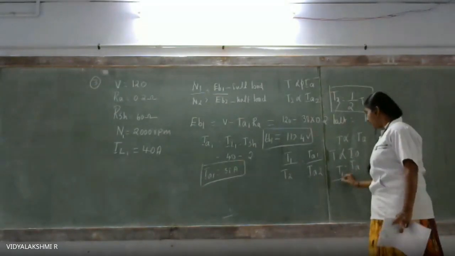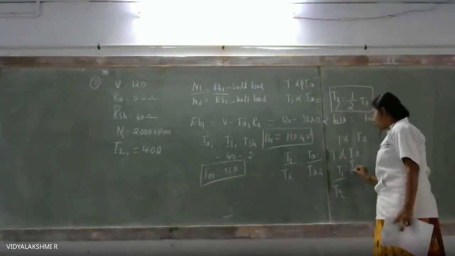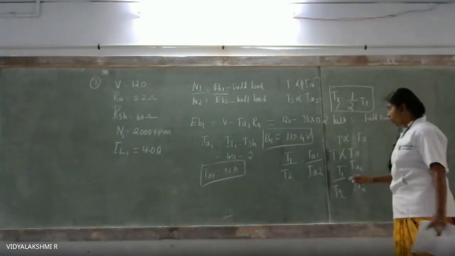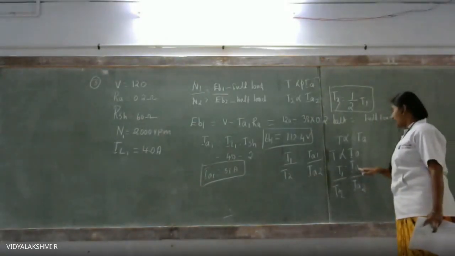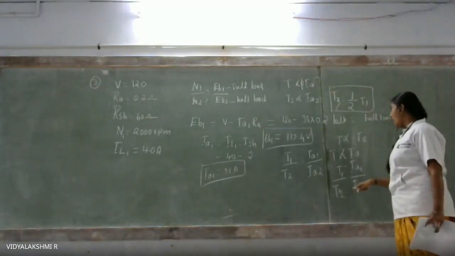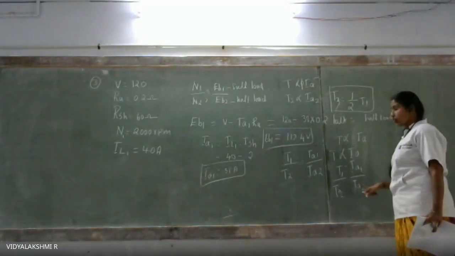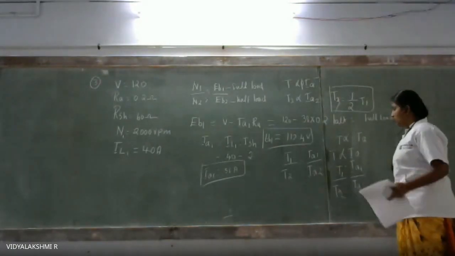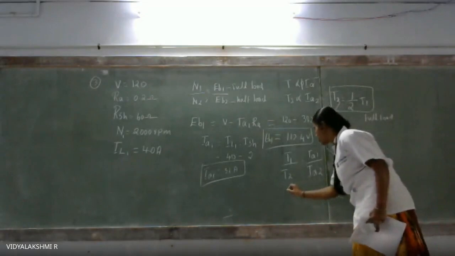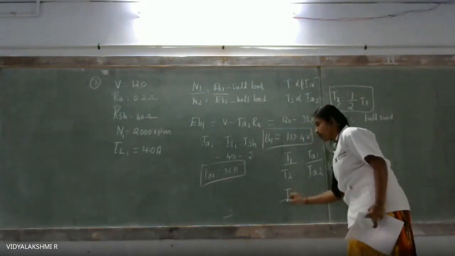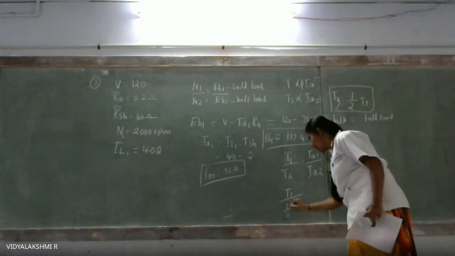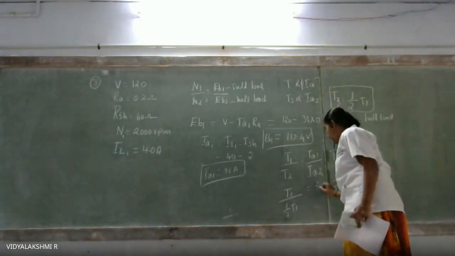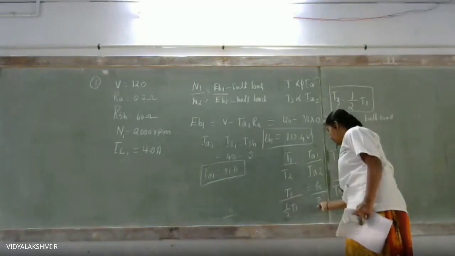For that, I need T1 by T2 is equal to IA1 by IA2. So we know the T1 value and the IA1 value and the T2 value. From this, you can find out the IA2 value. So what is my T1? I'm going to substitute T1 in the same. T2 is equal to 1/2 of T1, which is equal to IA1 is equal to 38, and then IA2 I'm going to find out.